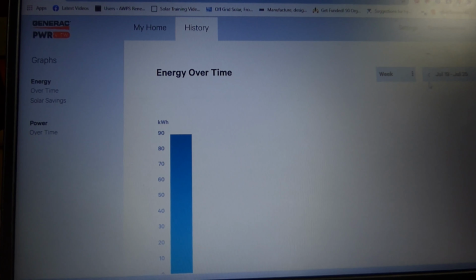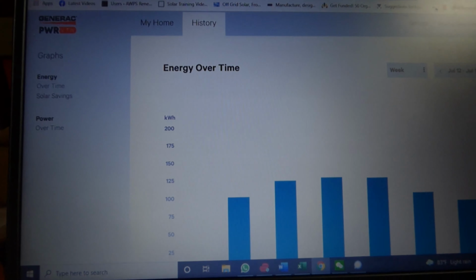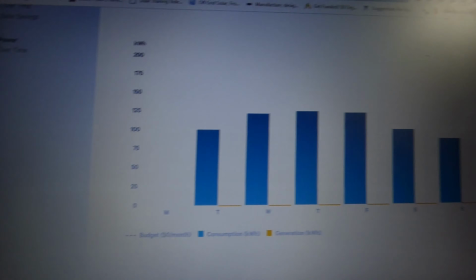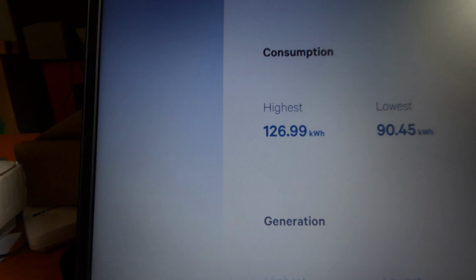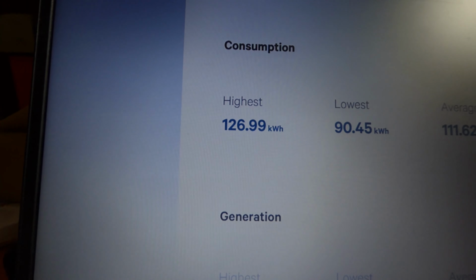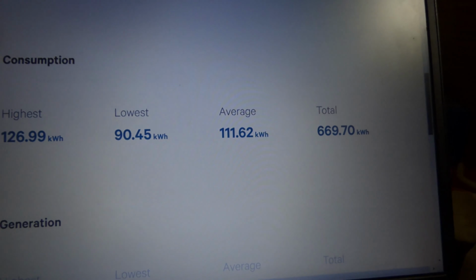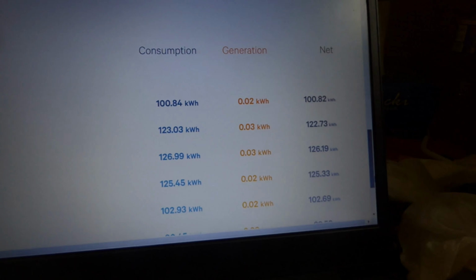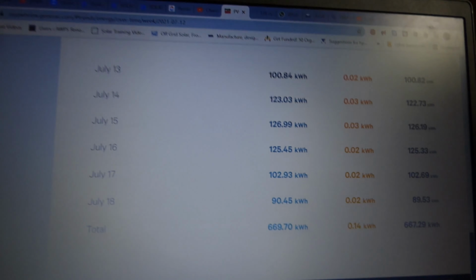We're going to look at the week that started July 12th and ended July 18th, which was yesterday. You can see my graphs, and what the highest was, 126.99. The lowest was 90.45. And they are averaging 111.62. Pretty exciting.